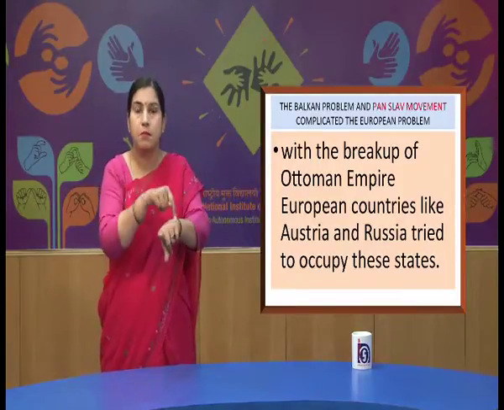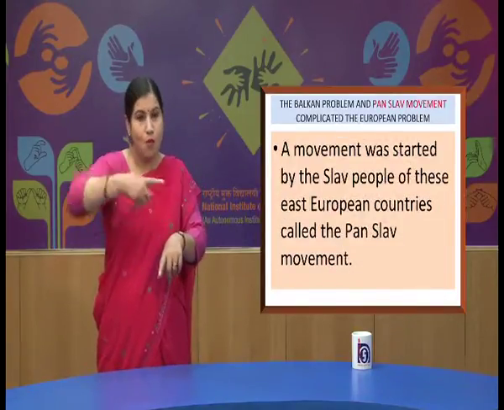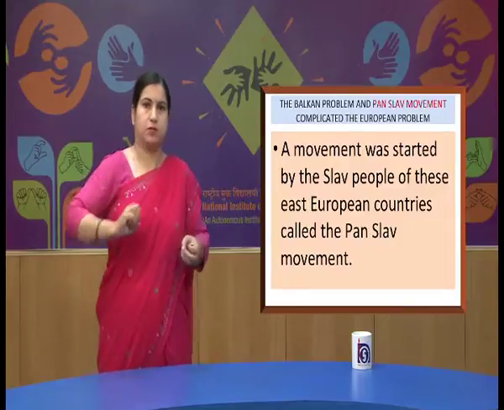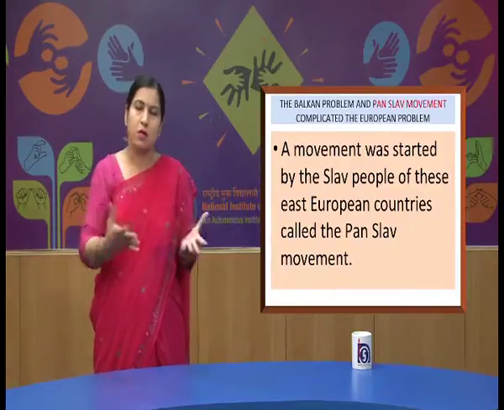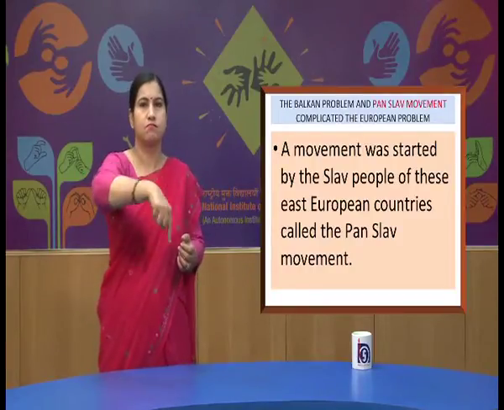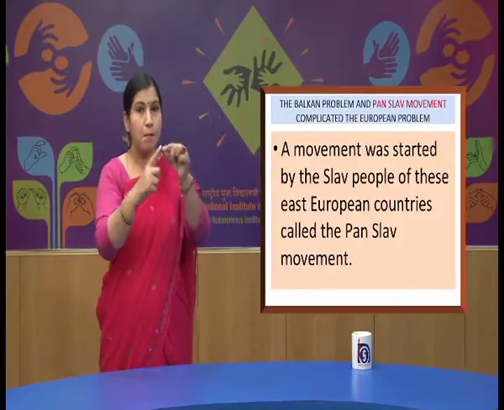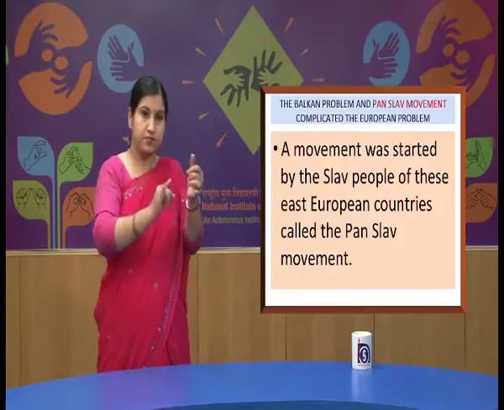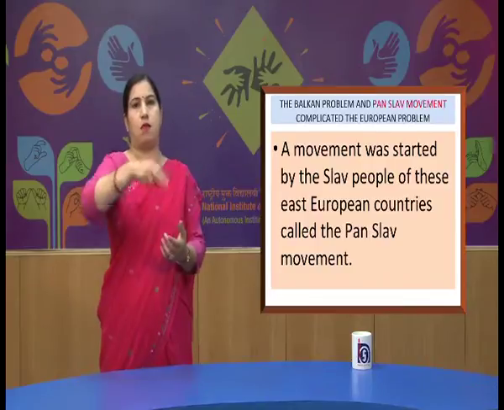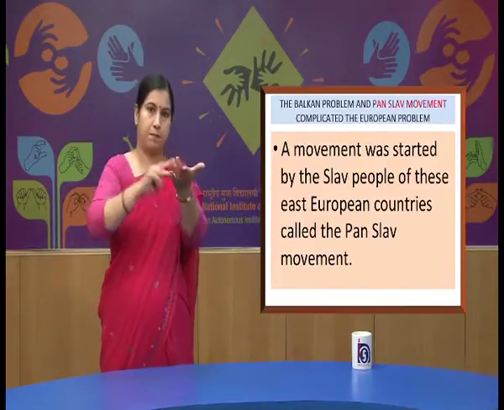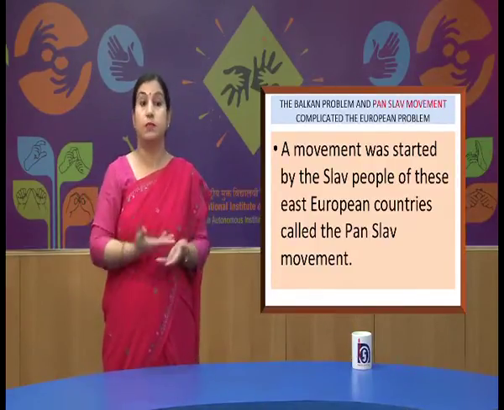At this time, a movement was started by the Slav people of these East European countries called the Pan-Slav movement. Their demand was the formation of one united Slav nation as Serbia.